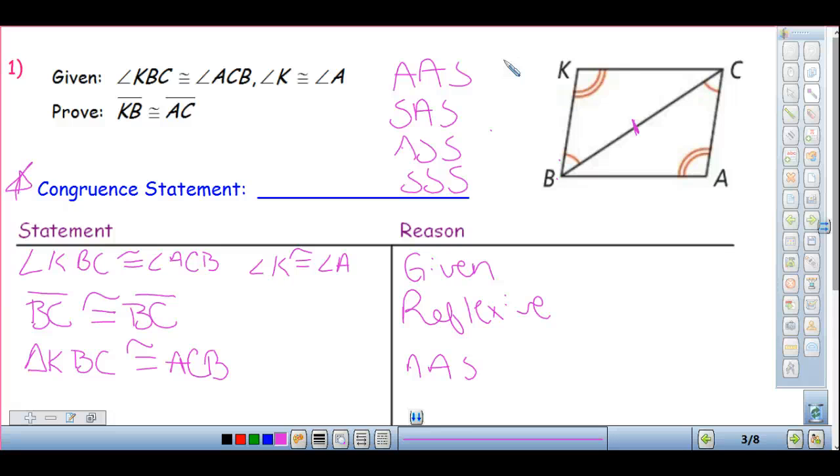Okay, so now that my triangles are congruent, now I can go ahead and say this congruence statement right here. Now I can say that KB is congruent to AC, and I can say that because of what we just learned, CPCFC, because corresponding parts of congruent figures are congruent.